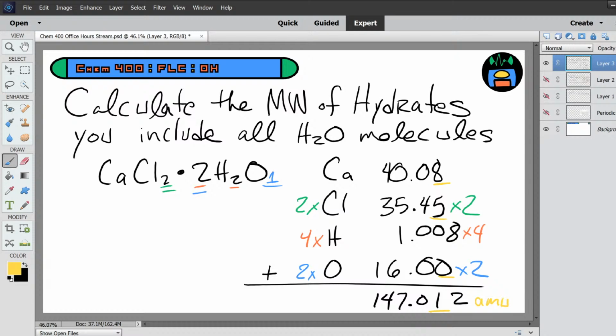Every aliquot taken from the same solution will have the same mass, which for this experiment will be 1/5 the total. Yeah, man. You are welcome.